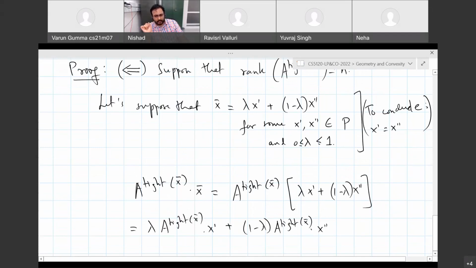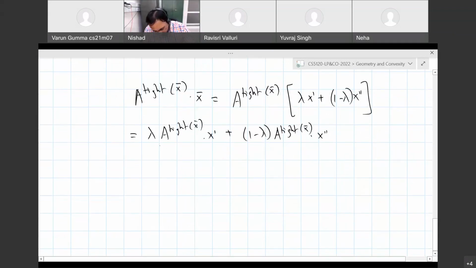What does that mean? How can we use this information now to write the next step? Anyone? What can you say about this with respect to this vector?